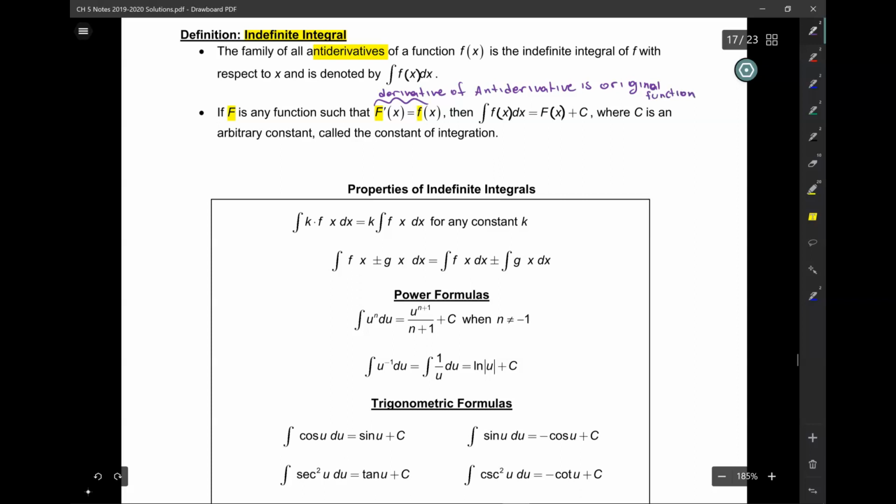I'll tell you. So look, suppose f of x is x squared. That's my original function. Let's take a derivative of this. What do you get? 2x. This is telling you that if you take the integral of the derivative dx, the integral is the antiderivative.